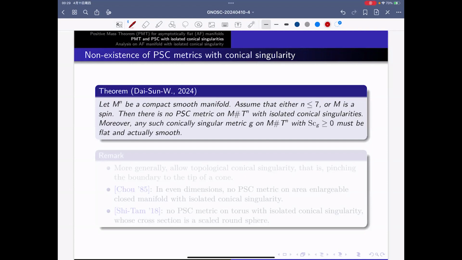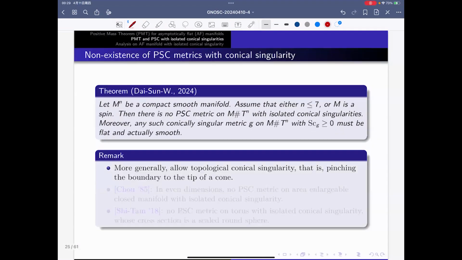So here, in the theorem as stated, we assume M is a compact smooth manifold, but more generally we can have topological conic singularities. Right? For example, the manifold M could be a manifold with boundary, right?